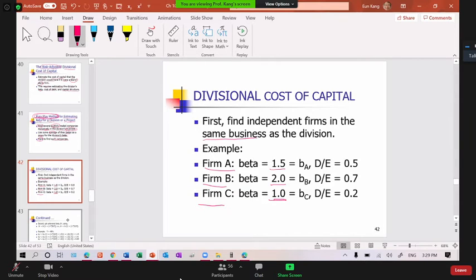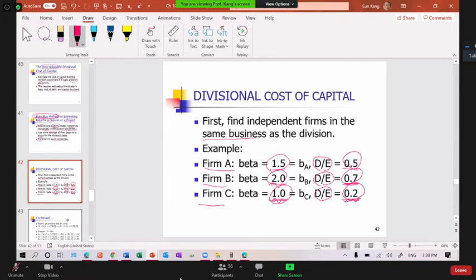All different betas because beta depends on capital structure. Look at the different debt-equity ratios. This one is 2 because they have high debt, 0.7. This one is 1, low debt. So this is not actually representing business risk. This beta represents not only business risk, but also financial risk, right?